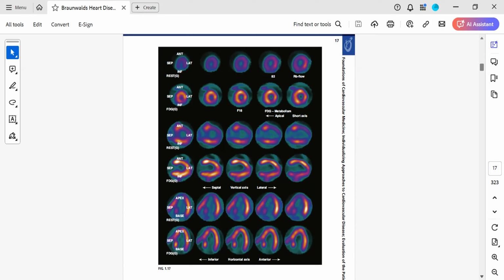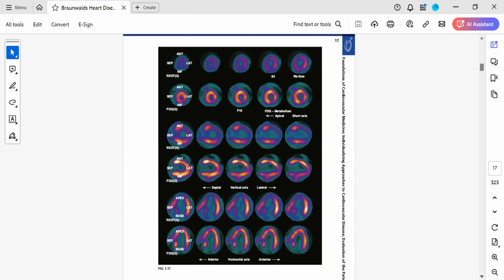Okay. If it was a hibernating myocardium, the flow will be reduced there because we know that there has been some obstruction of flow to that region. But if the myocytes are hibernating, the uptake will be normal or increased with the FDG.